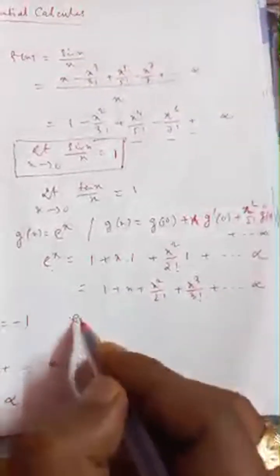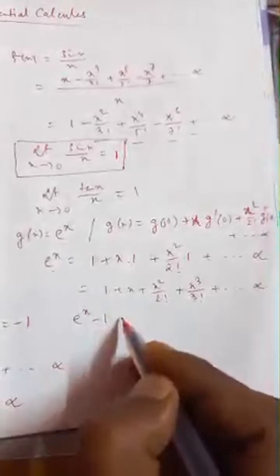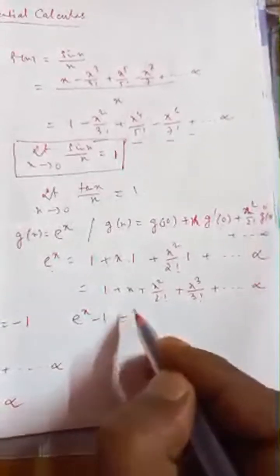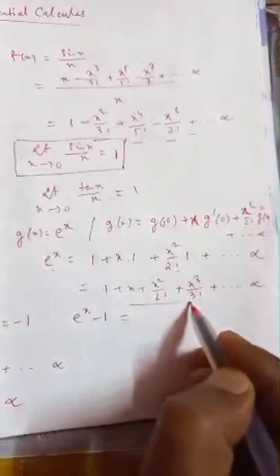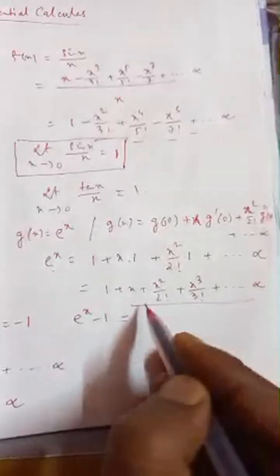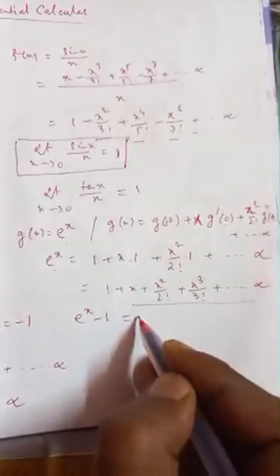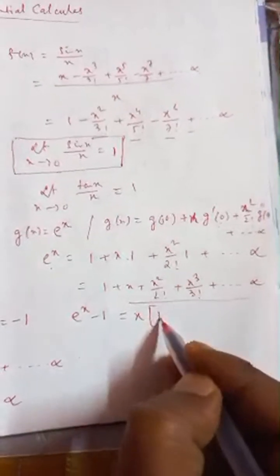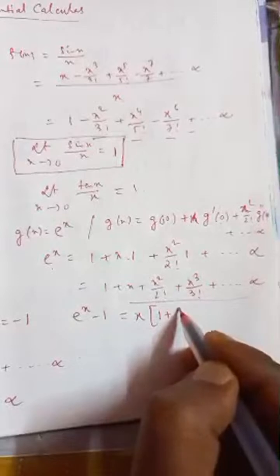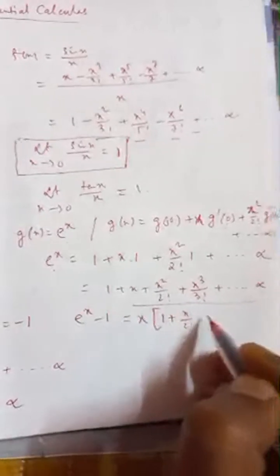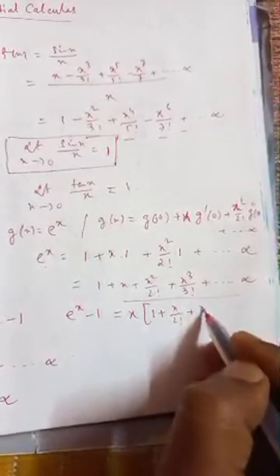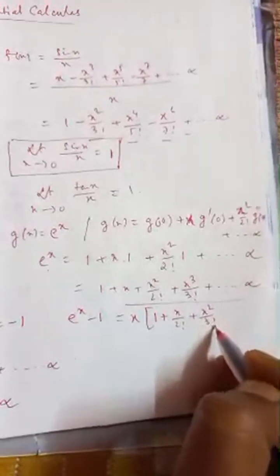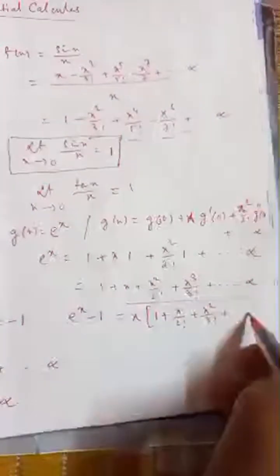Now if we rearrange this, e to the power x minus 1 is equal to x, taking x common from the remaining series, times bracket 1 plus x by 2 factorial plus x square by 3 factorial plus dot dot up to infinity.